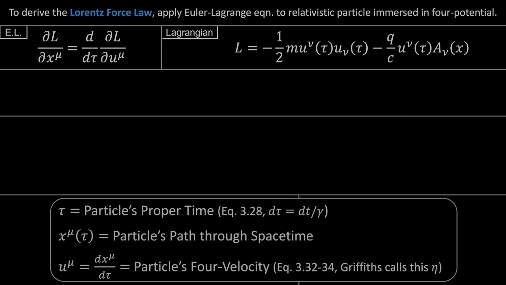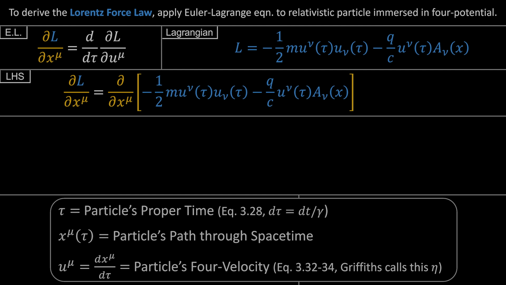All right, let's go ahead and solve the Euler-Lagrange equation, first by evaluating the left-hand side. On that side of the equation, we have the partial derivative of the Lagrangian with respect to the 4-position. If we plug in the Lagrangian, we can write that as the partial derivative with respect to x^μ of the Lagrangian, which contains a mass term and also an interaction term.